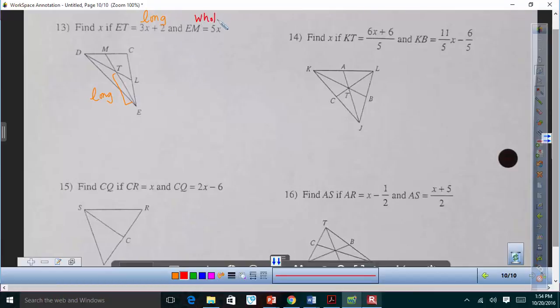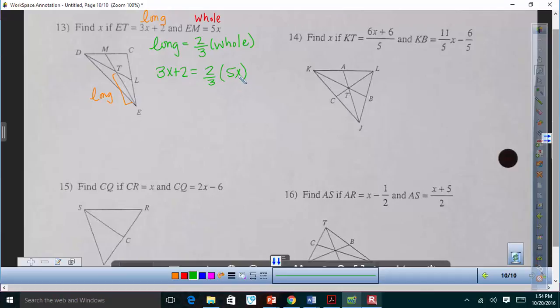Okay. And so the formula that I gave you that told you how the long compares to the whole was long equals 2/3 of the whole. Okay? So that's how we would set this one up. So our long is 3x plus 2 equals 2/3 of my whole, which is 5x.